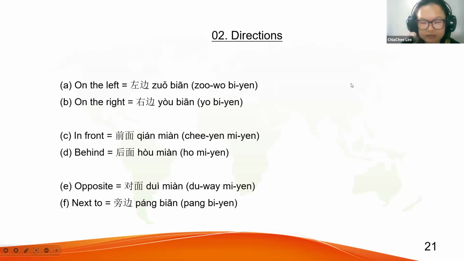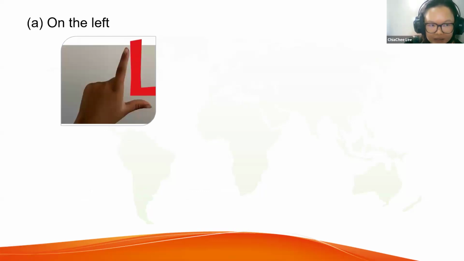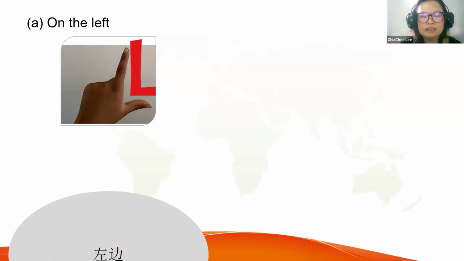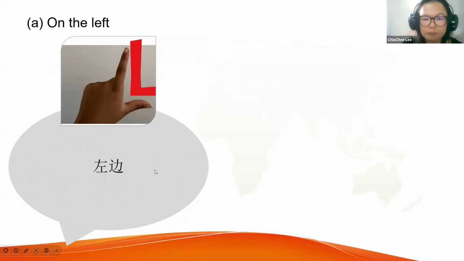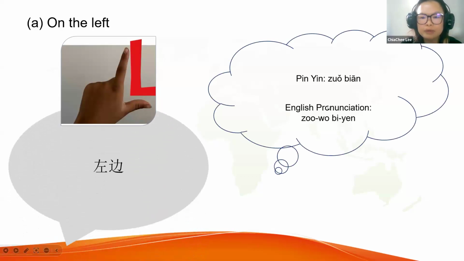Okay, let us have some simple idea. On the left, we raise both hands up. Left hand side, we call 左边. 左边 would be like the zoo plus 左, third tone. 边 would be like the IV plus the Japanese yen, first tone.